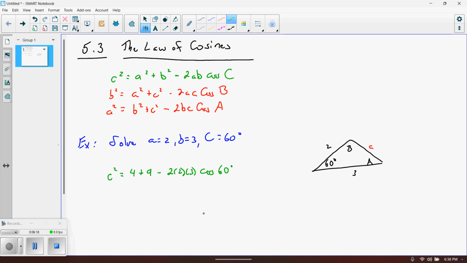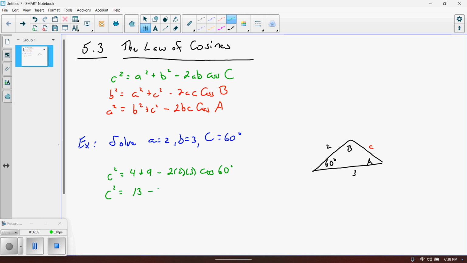So we can actually do a good portion of this without the calculator, because the angle was nice. If it's not a nice angle from the unit circle, then it's probably not something we'll do without a calculator. So let's see, that's going to be 13 minus 2 times 2 times 3, which is going to be 4 times 3 is 12.